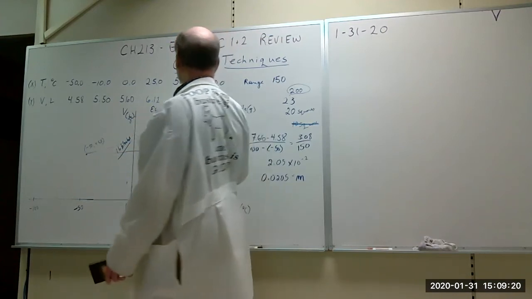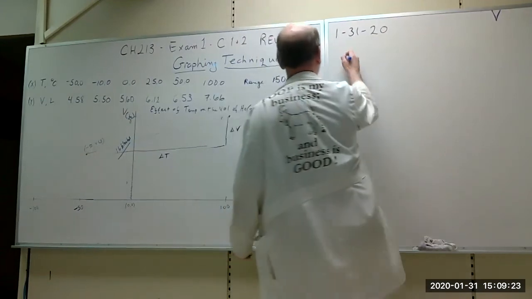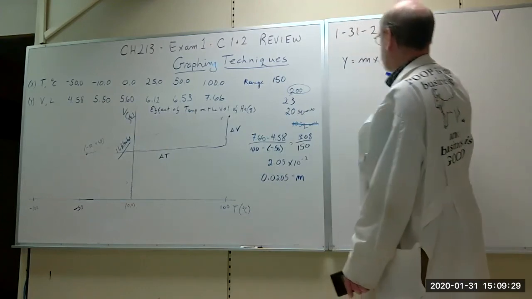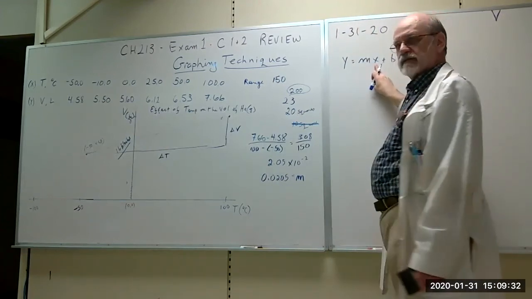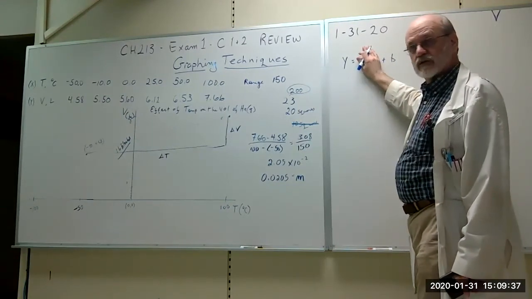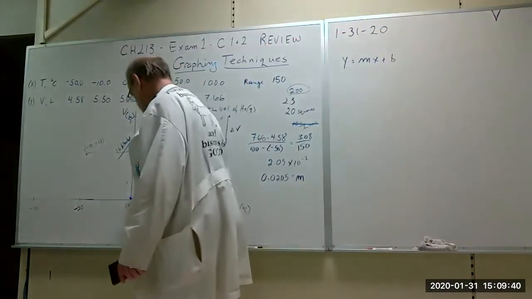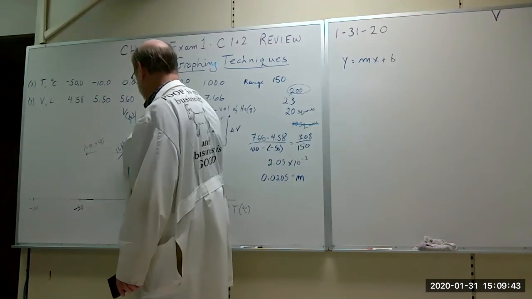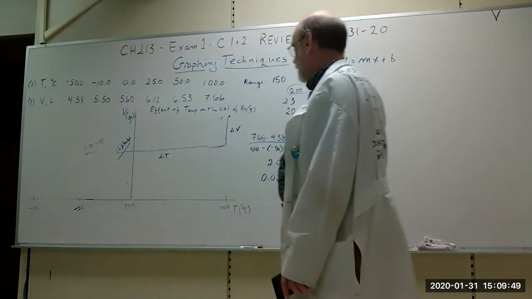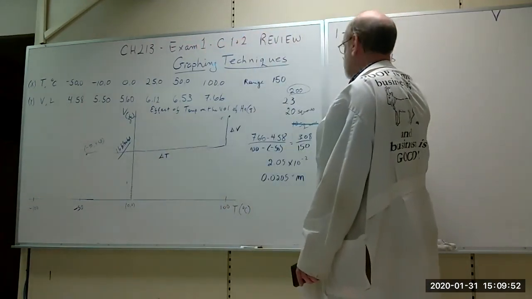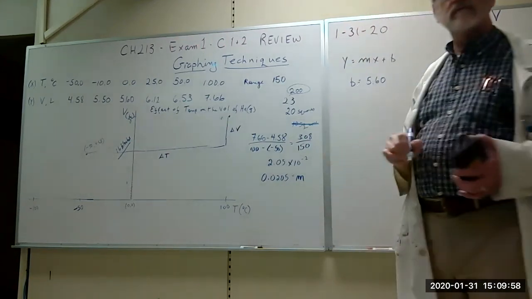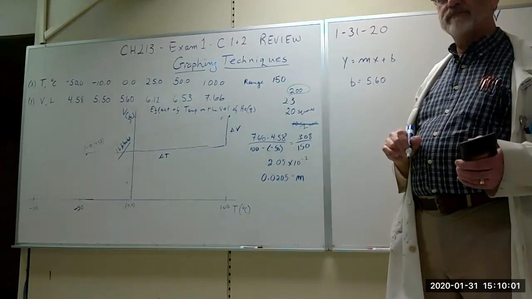Y equals mx plus b, y-intercept, right? So if x is 0, that term goes away and y equals b. So at x equals 0, right here, where is y? It's right there. That's the y-intercept. That's where the line crosses the y-axis. In this case, we're taking b as equal to 5.60. Okay? Do I need to do that again?